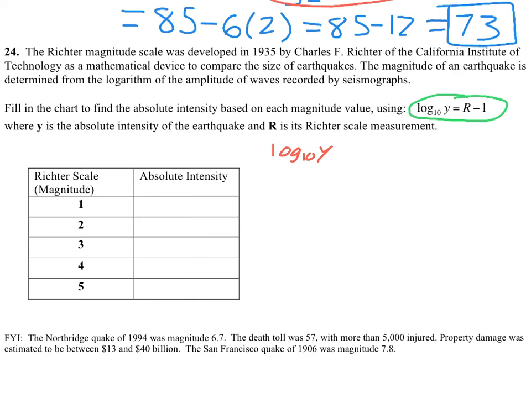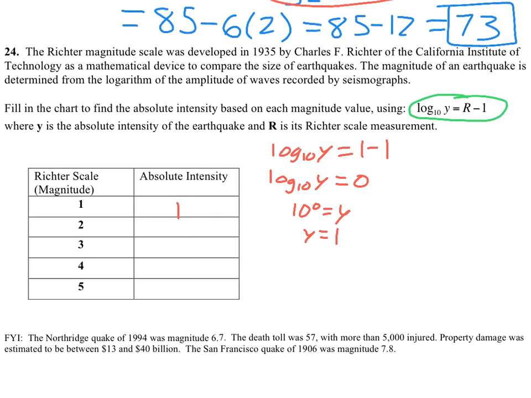We're solving for y. We're plugging 1 in for r. So solving that, we get log base 10 of y equals 0. Rearrange it, 10 to the 0 power equals y. So y equals 1. 10 to the 0 power equals 1.